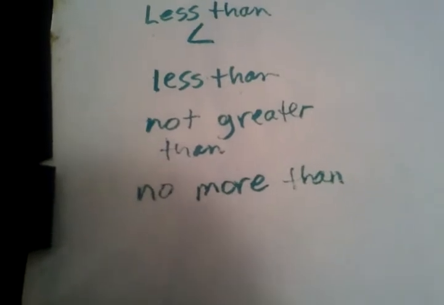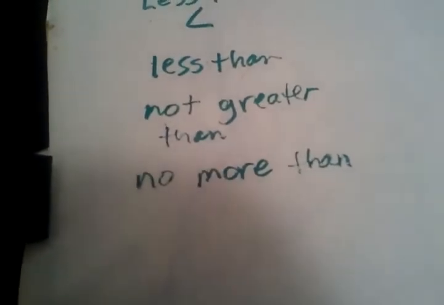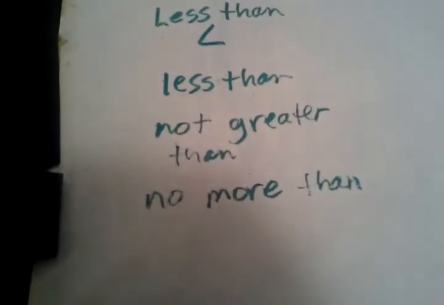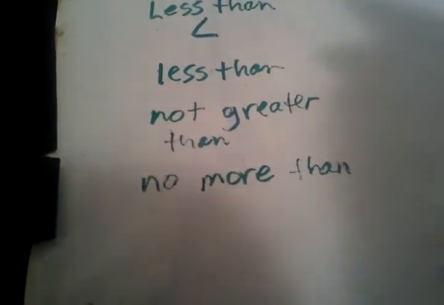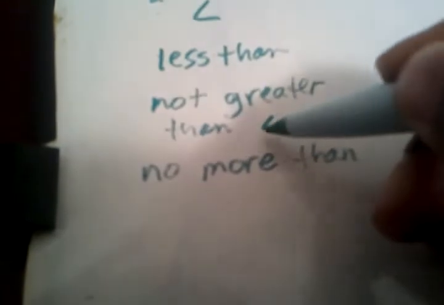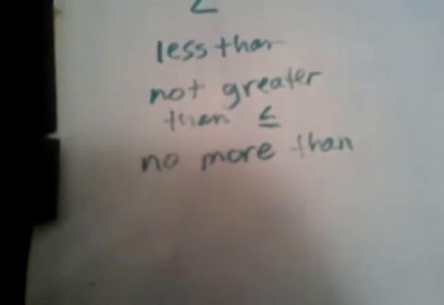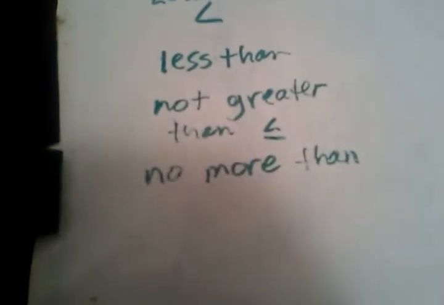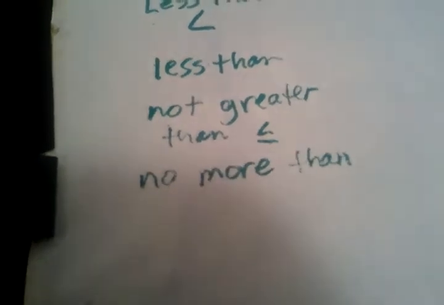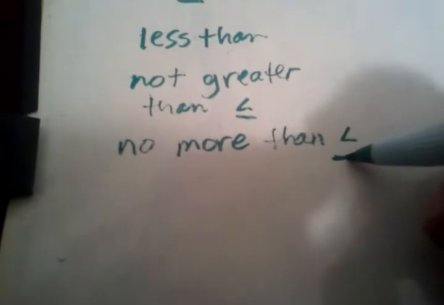Now, if it says not greater than 5, you have to ask yourself, can it be 5? If it says not greater than 5, it can also be 5. So this one right here, not greater than, will be a less than or equal to. So if it says no more than 5, that means you could take 5, but no more than 5. So that also would be a less than or equal to.